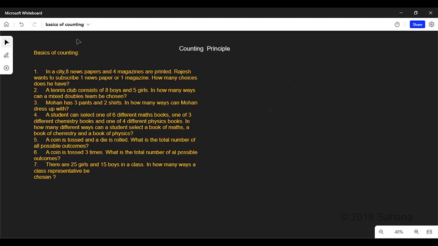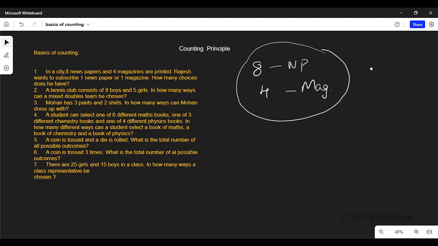First problem: in a city, 8 newspapers and 4 magazines are printed, and Rajesh wants to subscribe to one newspaper or one magazine. How many choices does he have? There are 8 options for newspaper and 4 options for magazines, and he wants to choose any one, either a newspaper or a magazine.